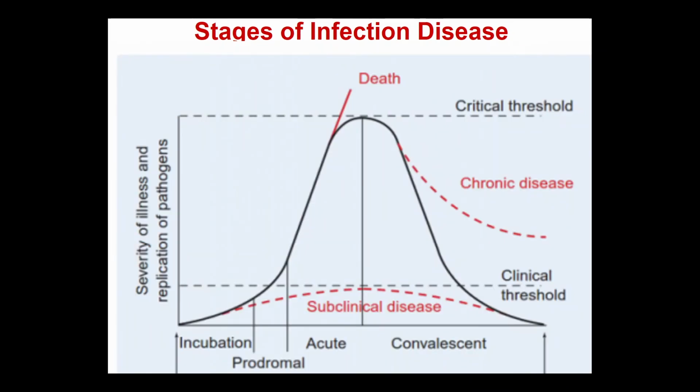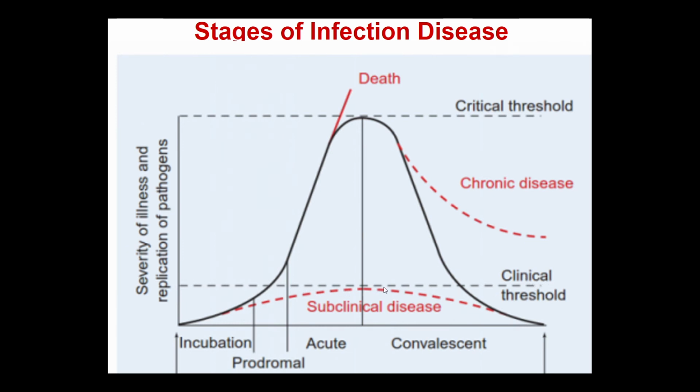Second illustration of the same things. The vertical axis demonstrates severity of illness and replication of pathogens. The peculiarity of this figure is that here is shown the so-called clinical threshold.